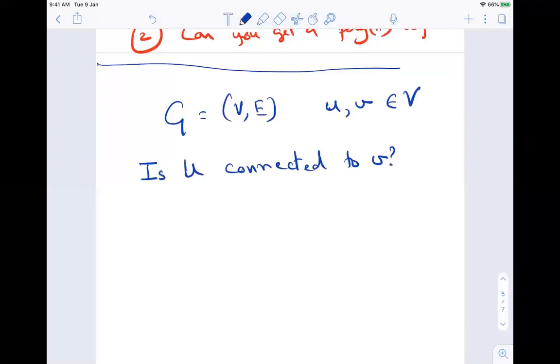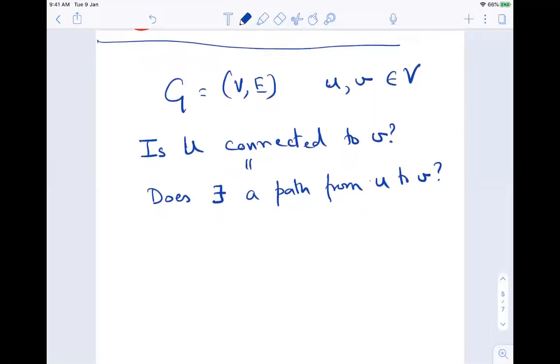There exists a path from U to V, right? So that means, does there exist a path from U to V? Now, how do you find it? So design an algorithm to answer the above question.